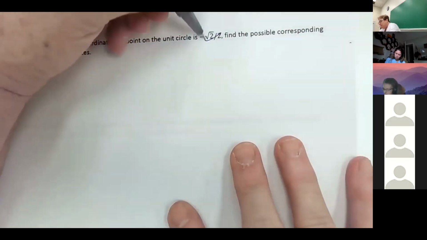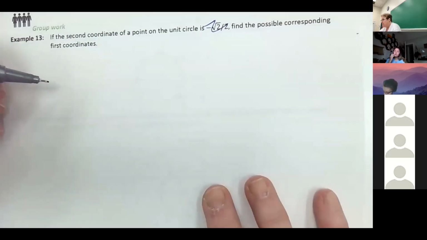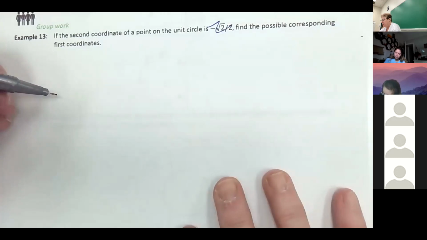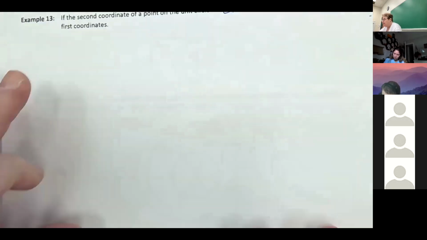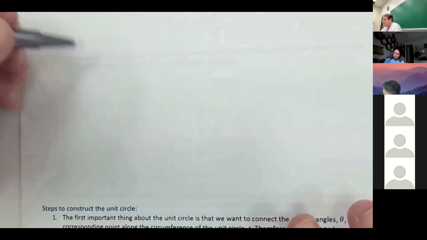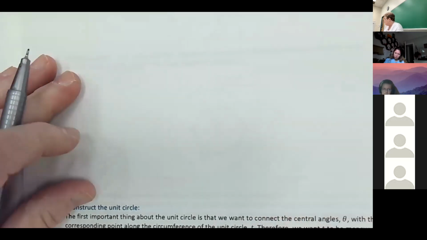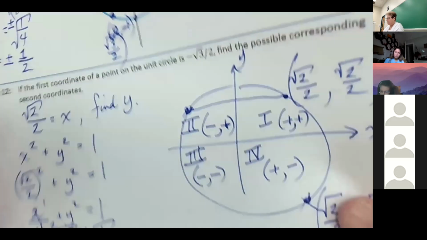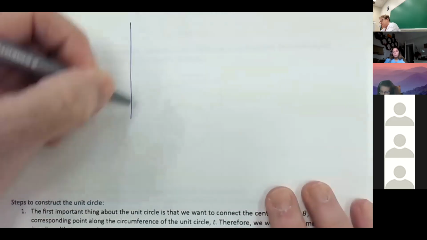Okay. Let me think of a point. Actually, I've already done them, but one of the things I want to show you is there are only certain points on the unit circle that are nice. So here's our unit circle.